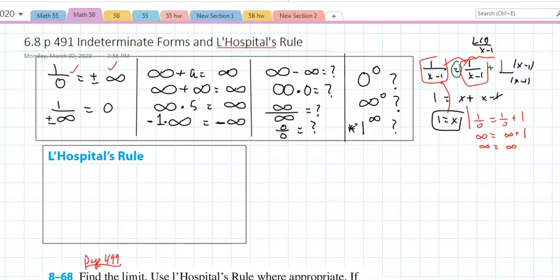Well, to do all of these problems, we really need the famous L'Hopital's rule. It looks like hospital. It's pronounced L'Hopital. This is what L'Hopital discovered.